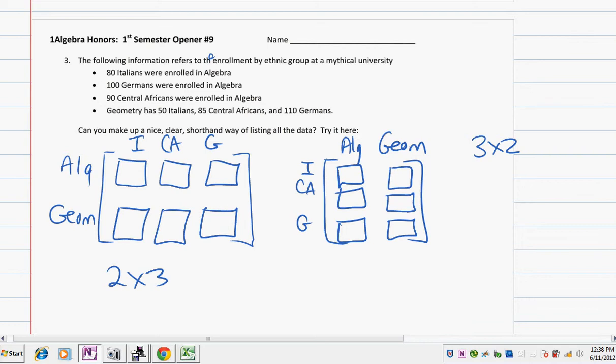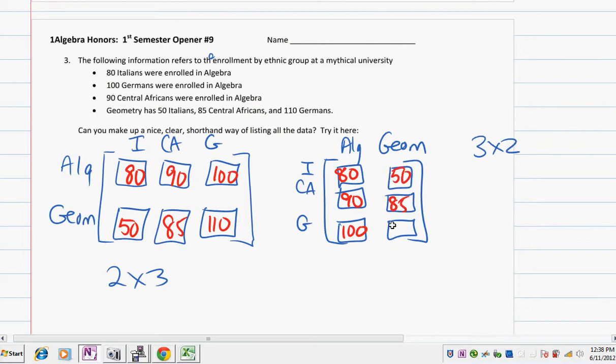So 80 Italians in algebra, 90 Central Africans, 100 Germans, 50, 85, 110, versus the down orientation, much like we had in our spreadsheet, different orientations. There's also no summative column. This just holds the raw data.